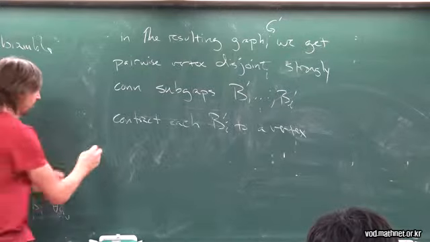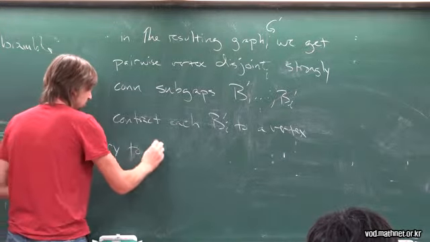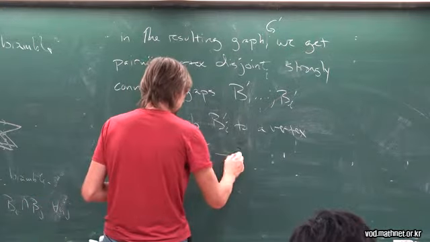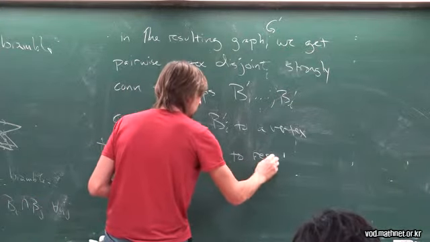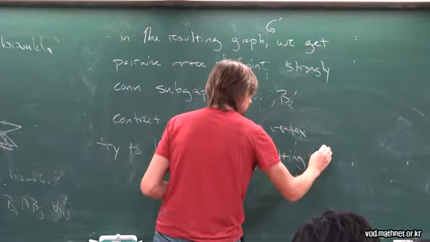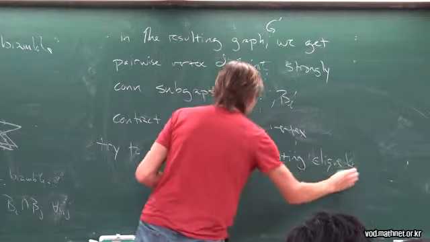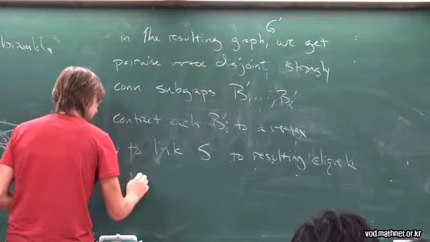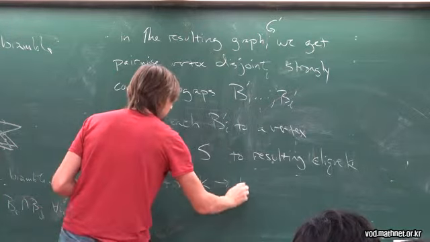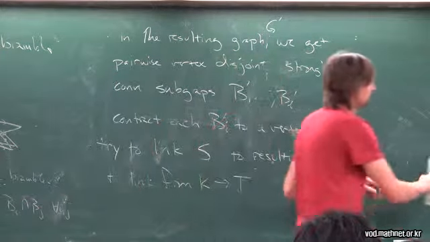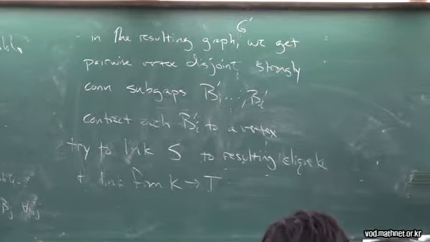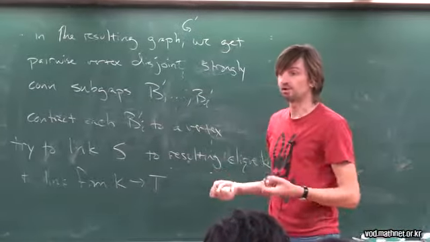And I try to link S to the resulting clique and link from K back to T. So now, if I can find those paths, right?